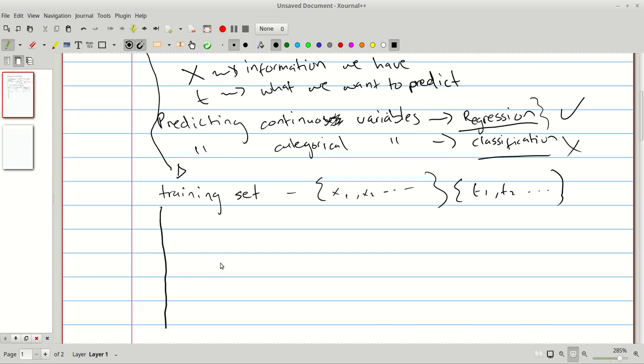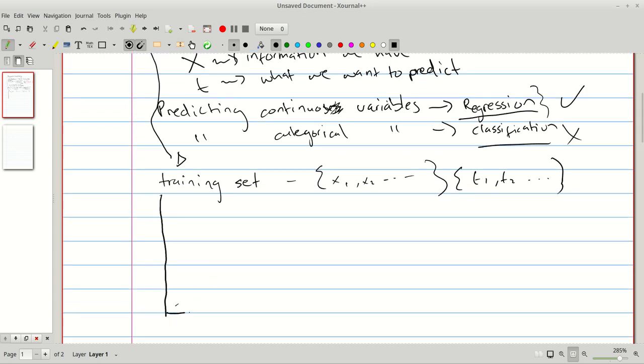Let's say you decide to plot these things, right? Let me use a darker color, I suppose, might be better. So you decide to plot what you call x versus t.